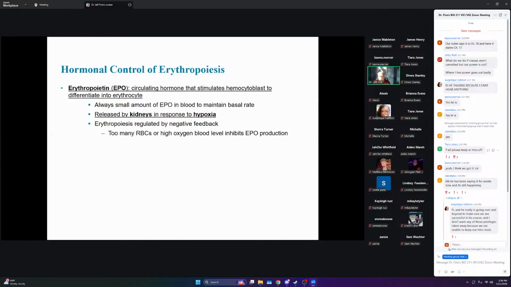That erythropoiesis and erythropoietin being released is regulated by a negative feedback loop. If we don't have enough oxygen, erythropoietin will be released and will work at the hemocytoblasts to differentiate them into erythrocytes. Once the volume of erythrocytes has been restored back to normal, the kidneys will stop releasing erythropoietin because normal has been restored.